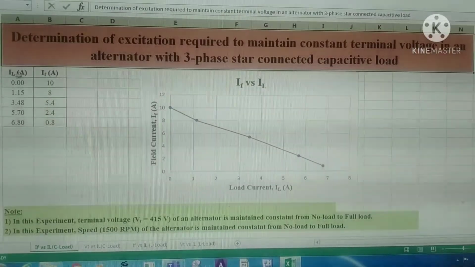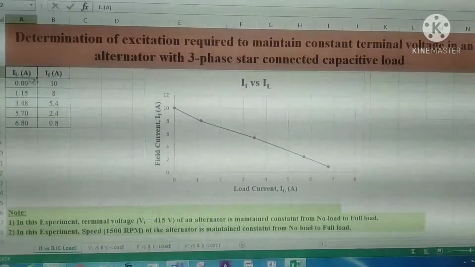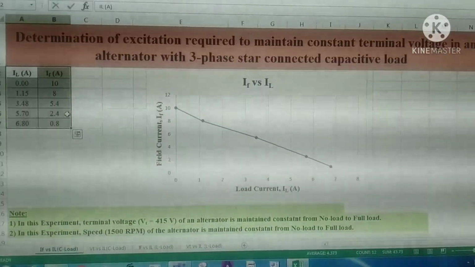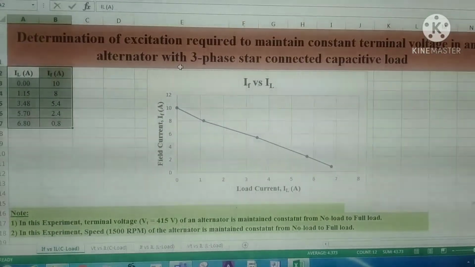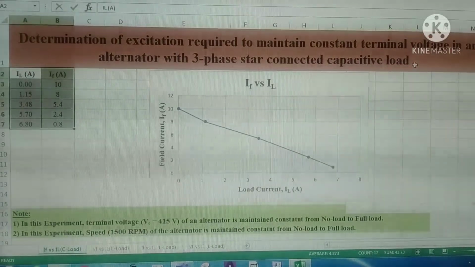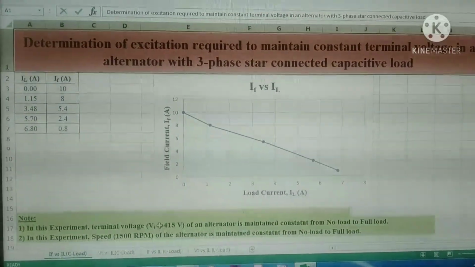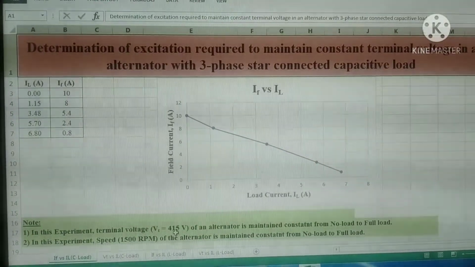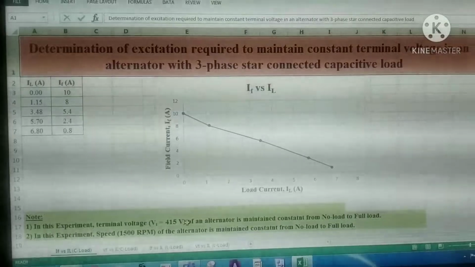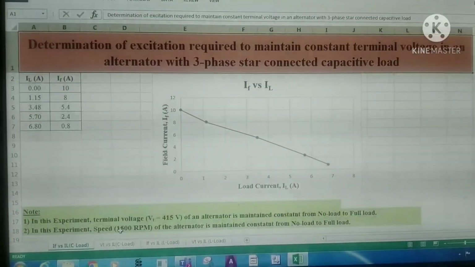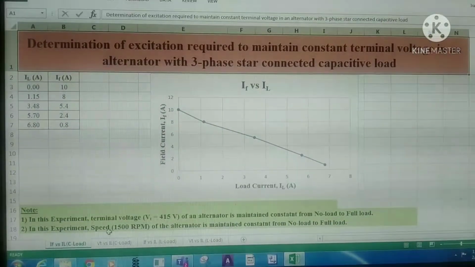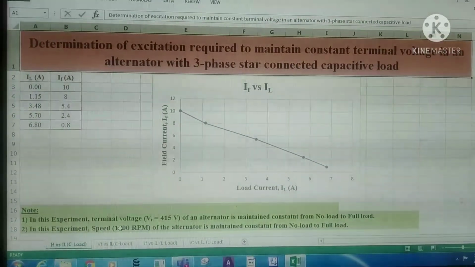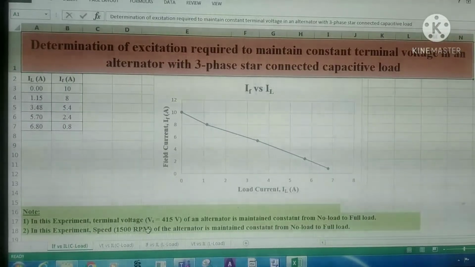Here we have noted the observation values of load current and field winding current for the 3-phase star connected capacitive load, by maintaining the constant terminal voltage of 415 volts across the stator winding terminals of an alternator, and also by maintaining the rated speed of the prime mover, 1500 rpm.